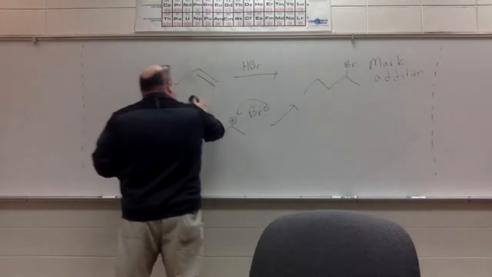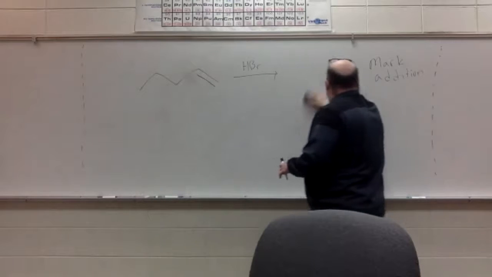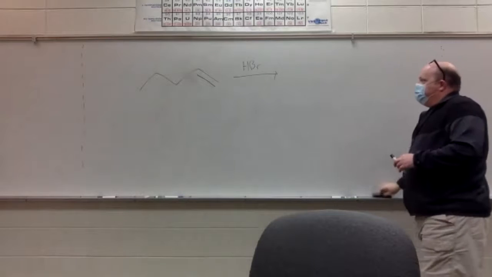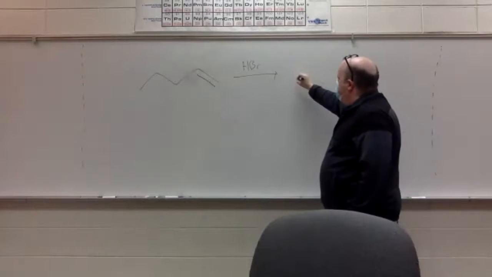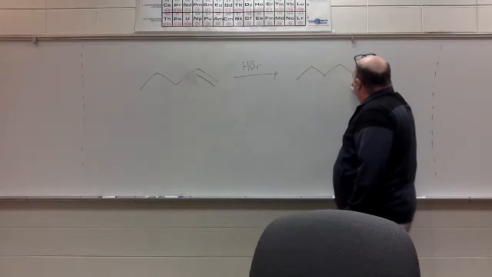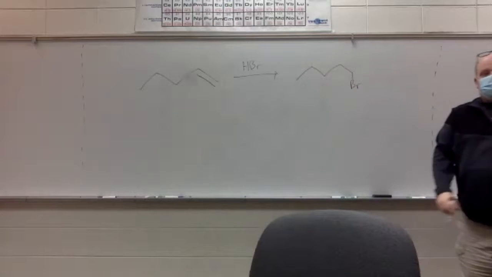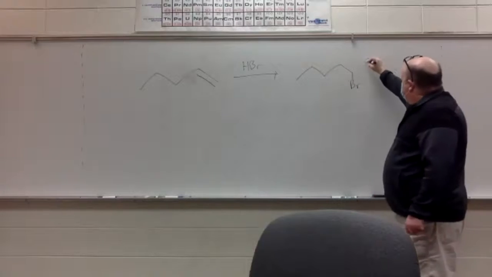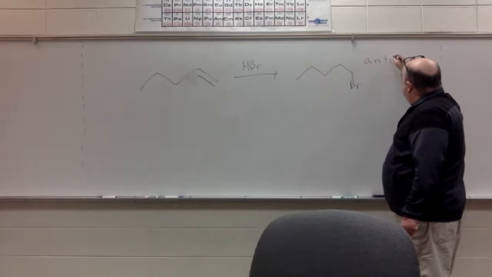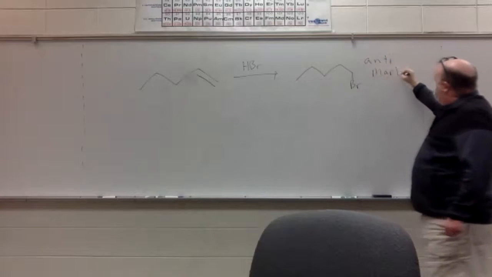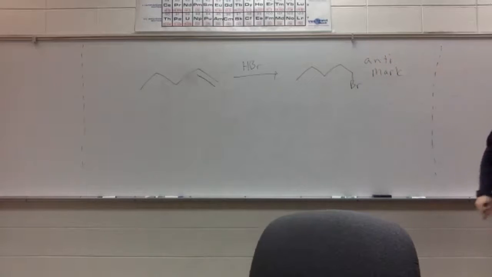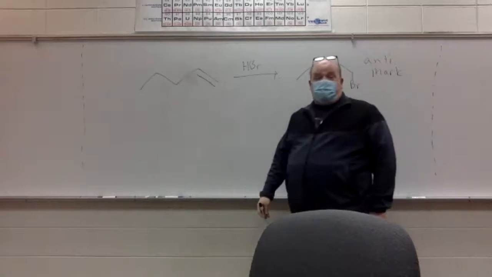All right, so let's say you didn't want to put that Br in that spot. You wanted to put the Br at the very end. That's anti-Markovnikov, and that proceeds by a different mechanism.